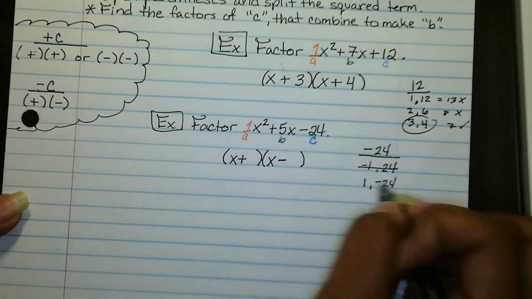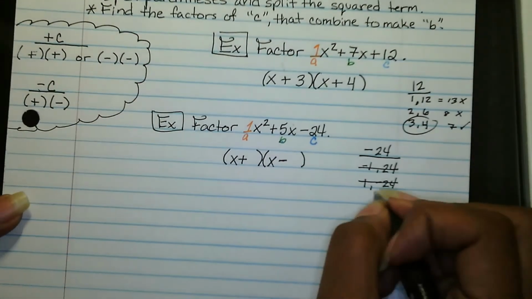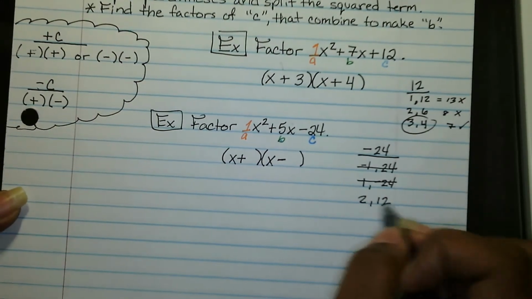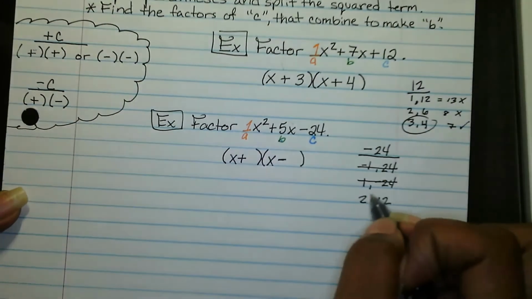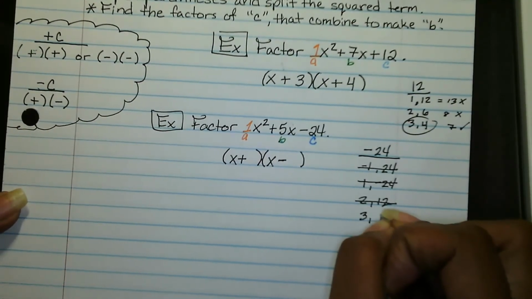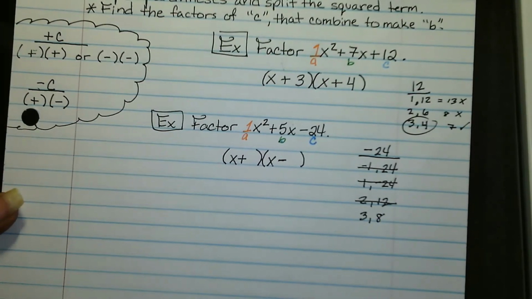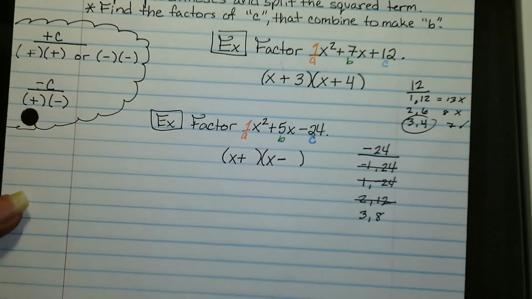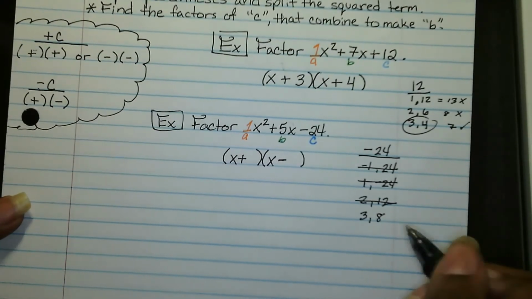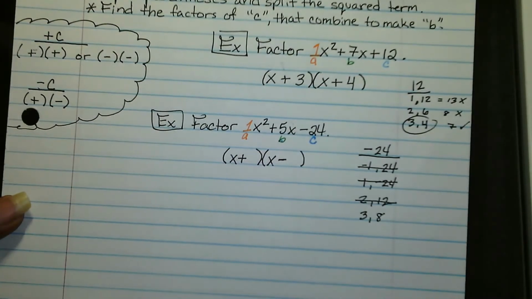So I'm just going to move on from these. There's 2 and 12. But I know any type of way that I subtract those is not going to give me 5. We can do 3 and 8 also gives us 24. But I know if I subtract a 3 and an 8, I can somehow get a 5.